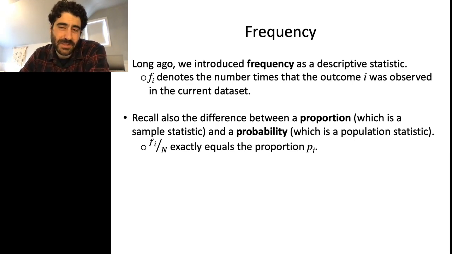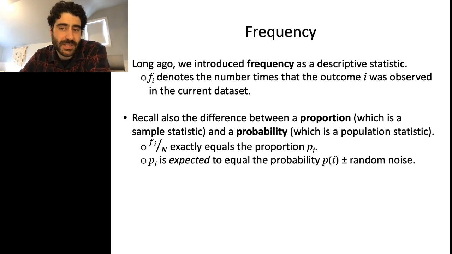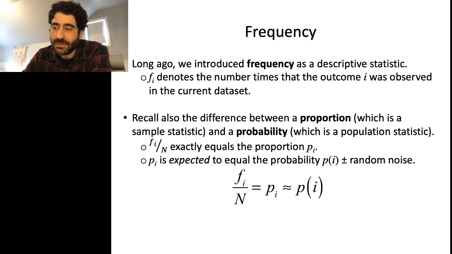Proportions are things that we're measuring in data by counting things up and dividing by n. We don't ever know the true underlying probabilities, but we can approximate them with these proportions. So if we compute this proportion in our data, which is a descriptive statistic of this particular sample, it should be approximately equal to the underlying population probability.